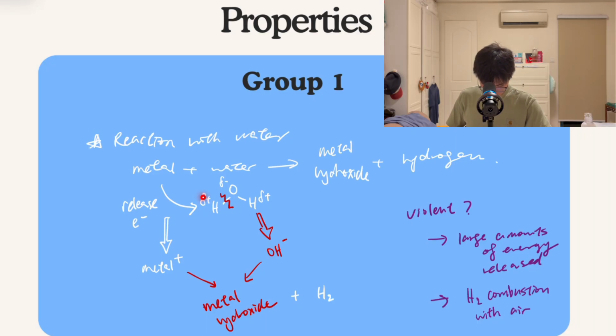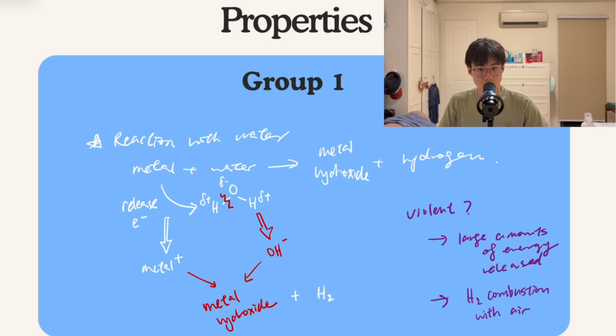And then the hydrogen end that accepted the electron from the metal gains an electron, and when there's two of them, they're able to bind covalently.